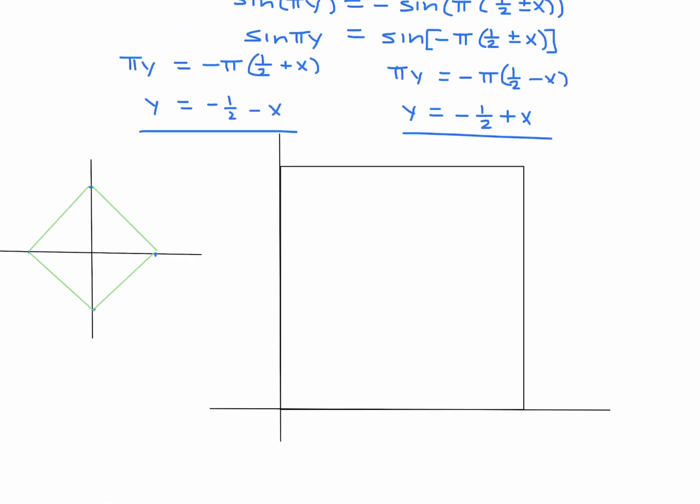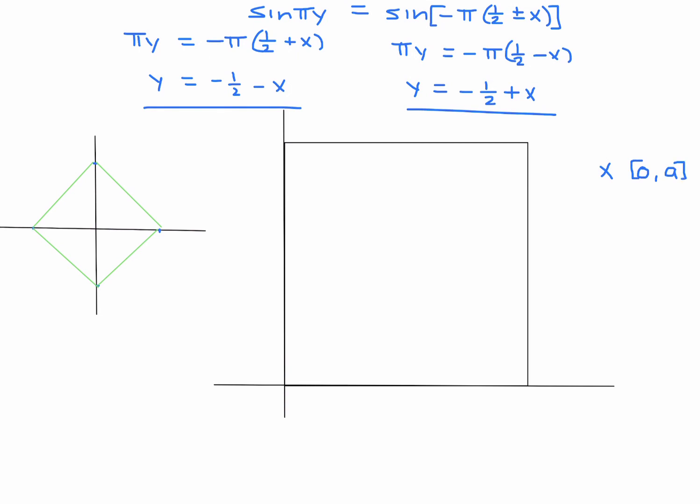So that is where the unit square comes from. So for example, I'll write it out here. X is chosen from the interval 0 to a, and y is chosen from the interval 0 to 1. So this is x, and this is y. Well, y is from 0 to 1, so y is definitely all the way from there to there. There's no discrepancy there.